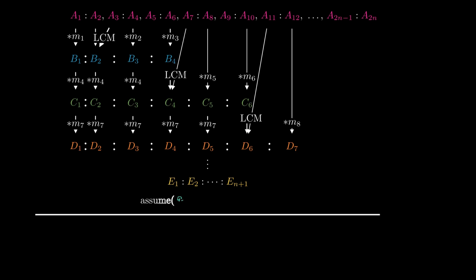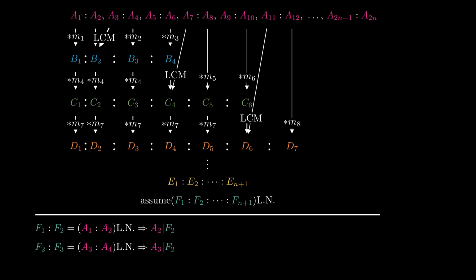By way of contradiction, assume otherwise that instead f1 to f2 and so forth to fn plus 1 is in least numbers. f1 to f2 is proportional to a1 to a2, which is in least numbers. So a2 measures f2. f2 to f3 is proportional to a3 to a4, which is in least numbers. So a3 also measures f2.